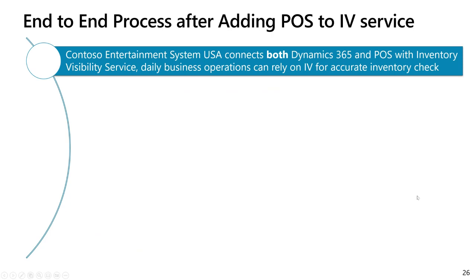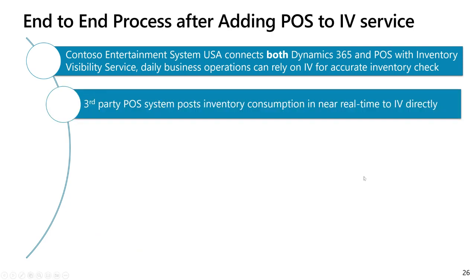So to wrap up, we now have Contoso Entertainment System USA that connects both Dynamics 365 and the POS system with inventory visibility service. And daily business operations can rely on inventory visibility service as the single source of truth for accurate and near real-time inventory checks.